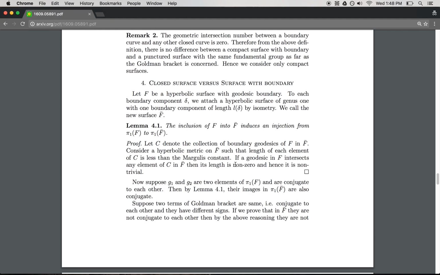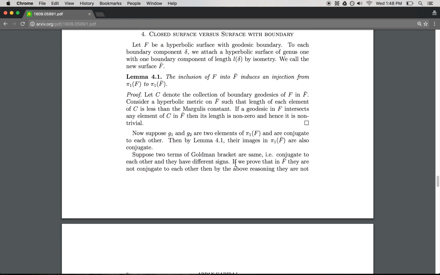Proof. Let capital Z denote the collection of boundary geodesics of F in F bar. Consider a hyperbolic metric on F bar such that the length of each element of C is less than the Margulis constant. If a geodesic in F intersects any element of C in F bar, then its length is non-zero, and hence it is non-trivial. Now, suppose G sub 1 and G sub 2 are two elements of pi sub 1 of F, and are conjugate to each other.